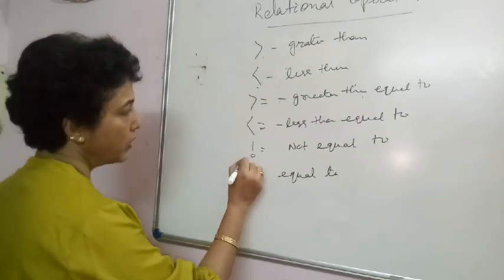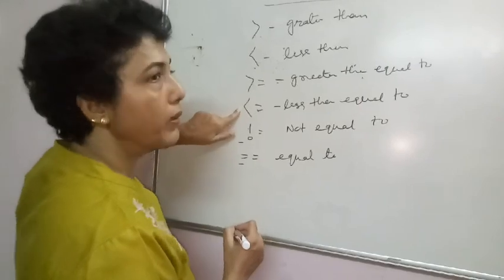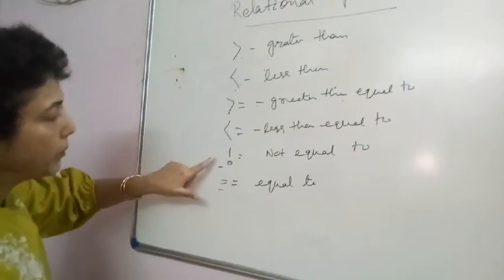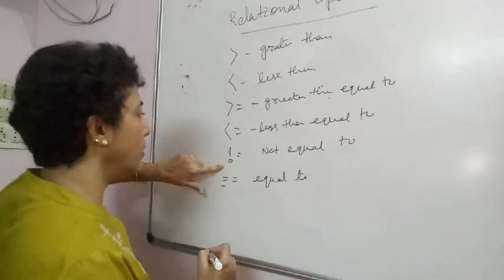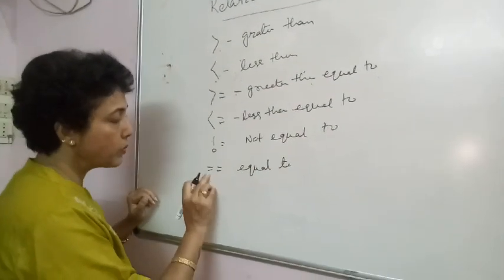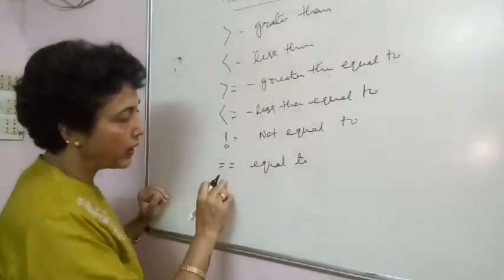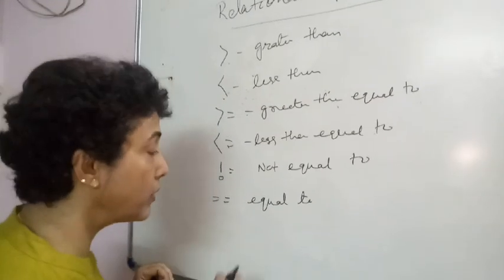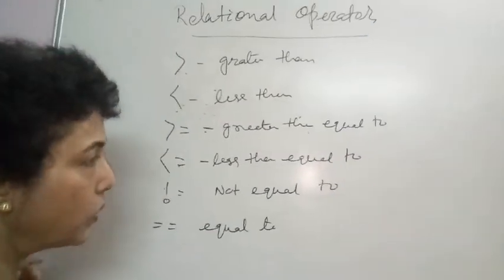These two you have to remember. These four you are acquainted with, you know them, but these two are a little different. This is for not equal to, and this is two equals signs coming together, which stands for the equal to operator.